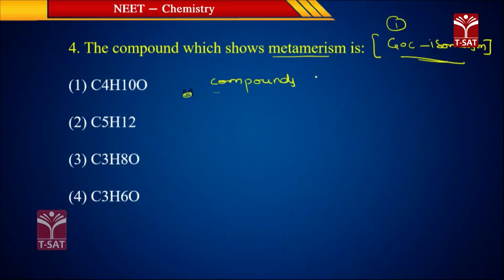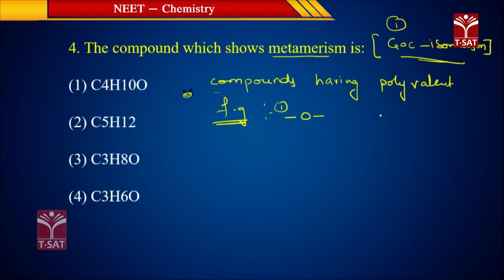So, metamerism is shown by compounds having a polyvalent functional group. Polyvalent means the valency of the functional group may be more than one, like oxygen. The oxygen can be bonded from both sides, it can form two bonds, right? That is why it is polyvalent, particularly bivalent.